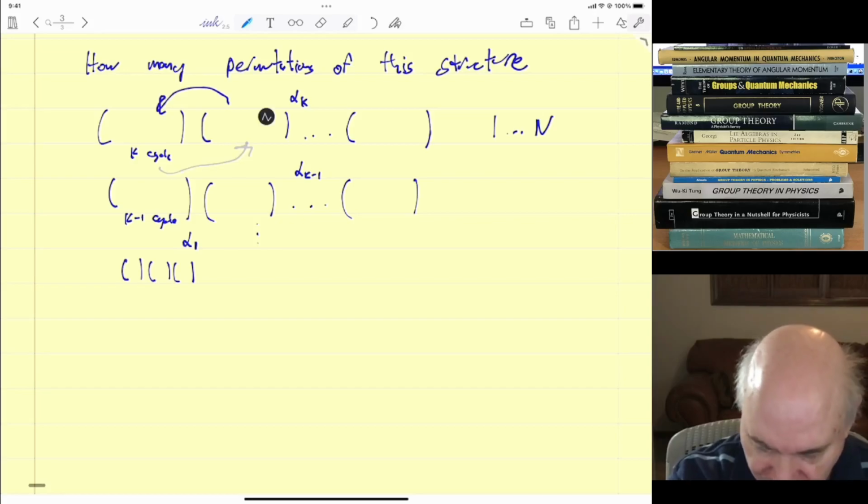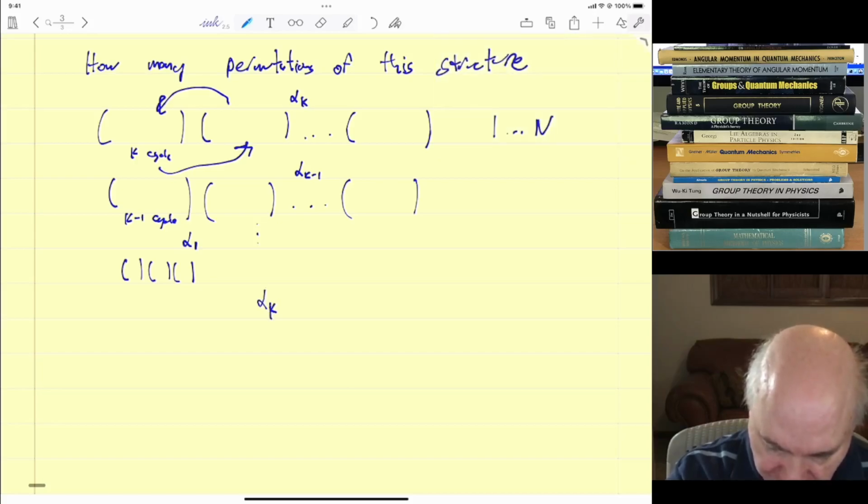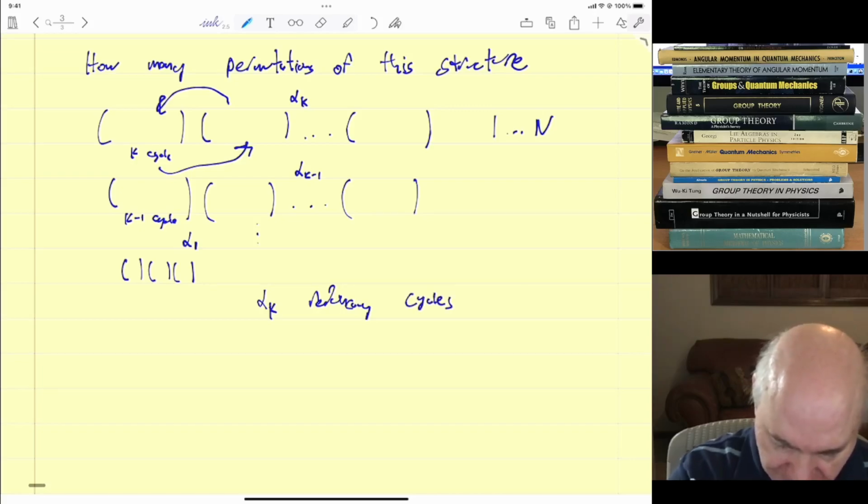When I'm throwing in the integers, it's the same permutation. So that gives alpha k factorial redundancy for the cycles. There are alpha k factorial ways we can reorder these, and alpha k minus 1 factorial ways we can reorder these.